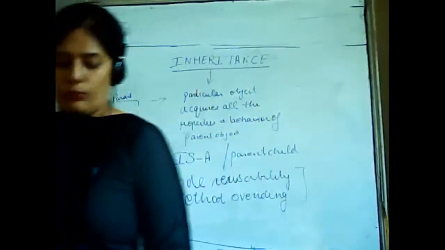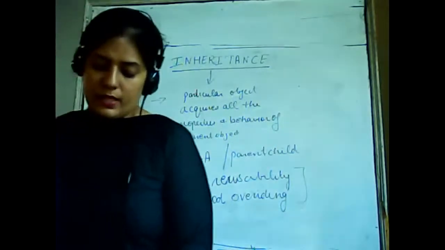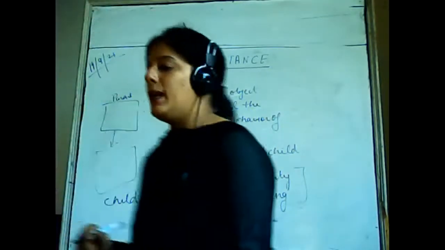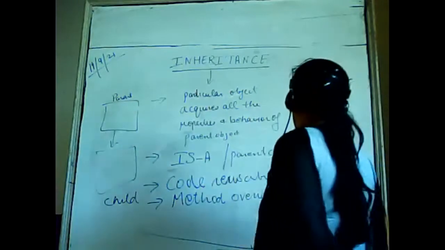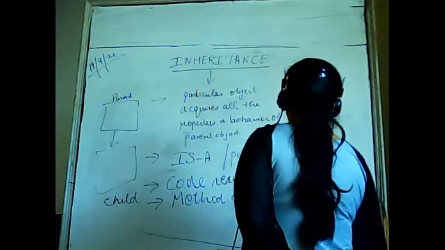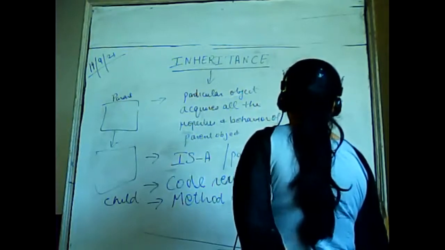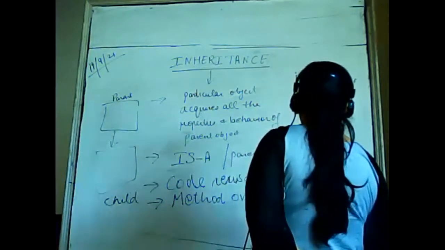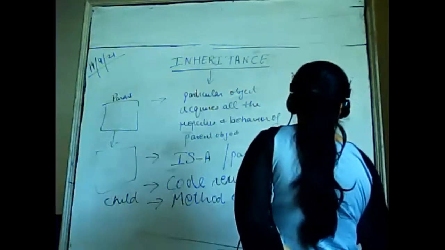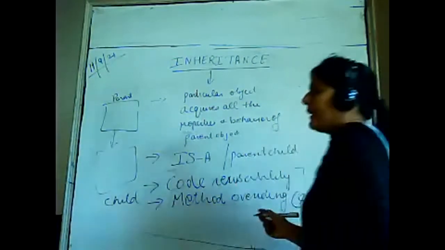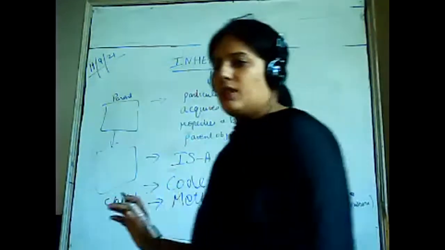Secondly, it helps us in developing a concept that is known as method overriding. So what is method overriding? It helps us in achieving runtime polymorphism. Directly, the concept of polymorphism we don't use in the case of Java, but with the help of some concepts we are indirectly implementing it.